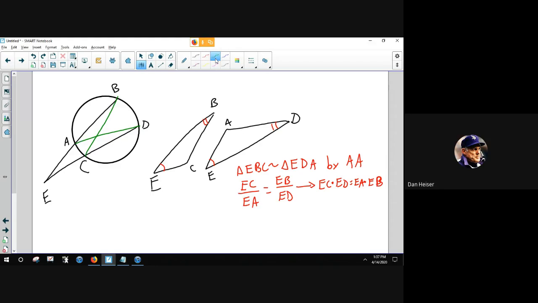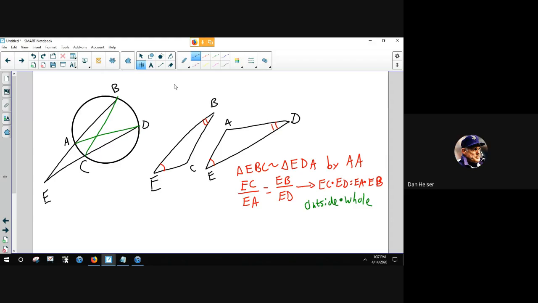And again, that's how I think you should remember this: outside times whole. The outside part of a secant multiplied by its entire length will equal another outside part of a secant times its entire length. That is our second property of, I guess you could say, proportions involving circles.